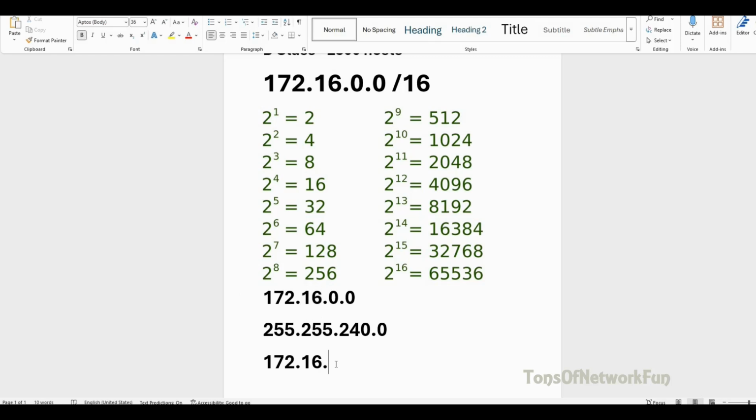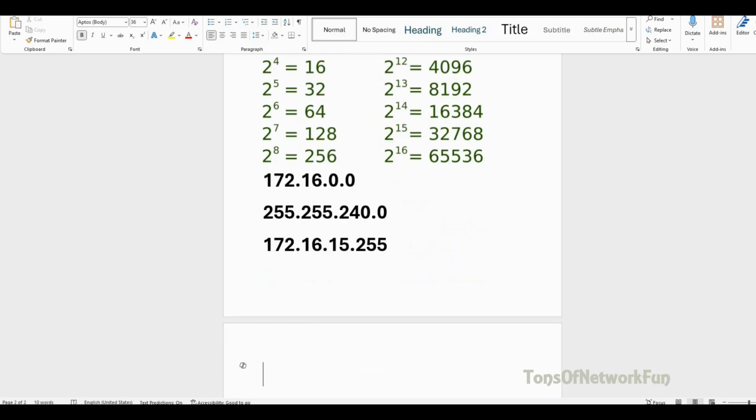It will end at 172.16.15.255. The next subnet will start at 172.16.16.0. This will be the network ID for the next subnet.